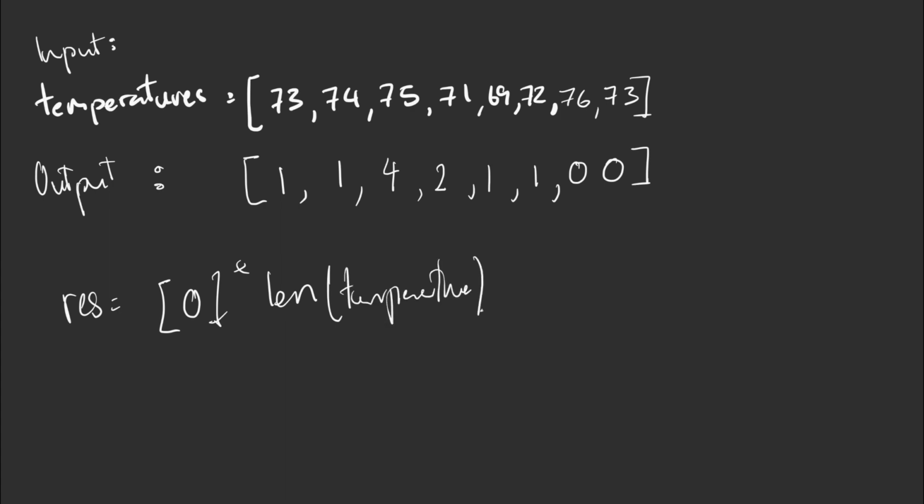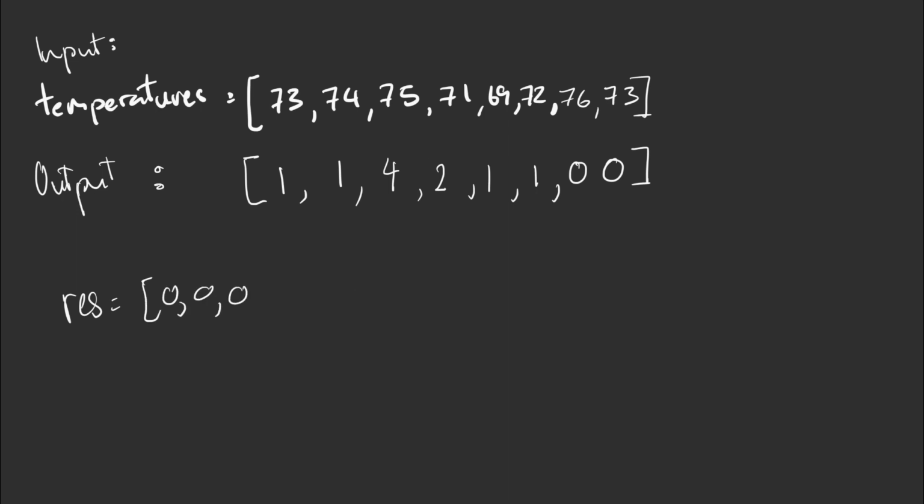Because the returned output here will always be equal in length to the temperatures array here. So in this case, we're going to have a bunch of zeros.